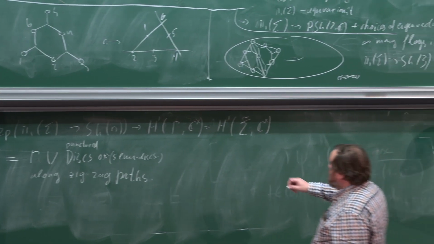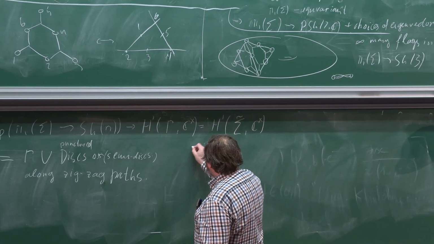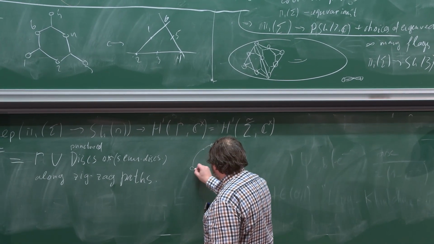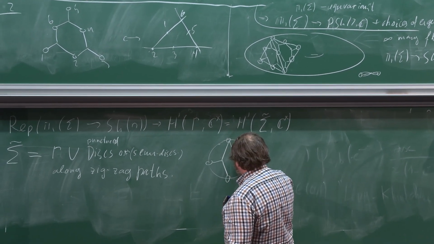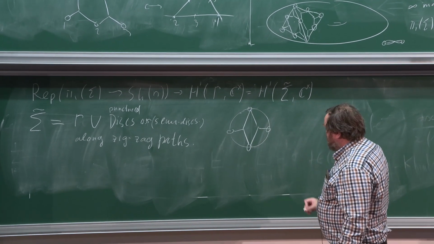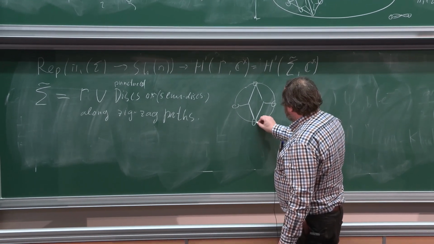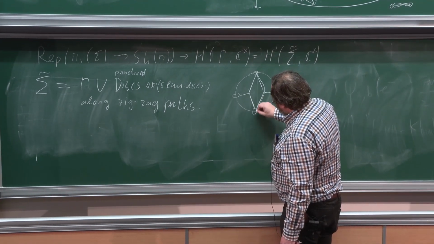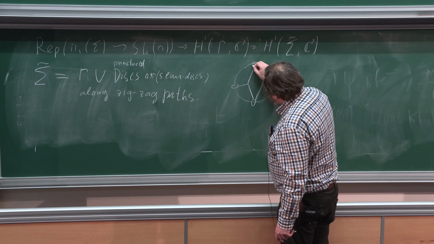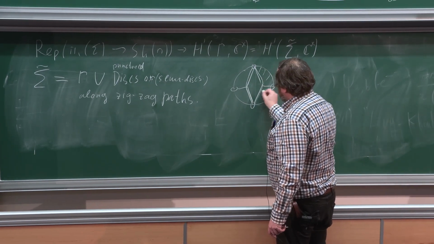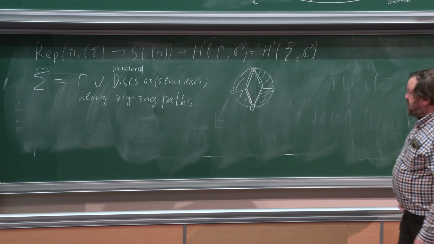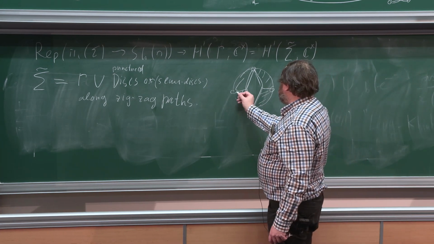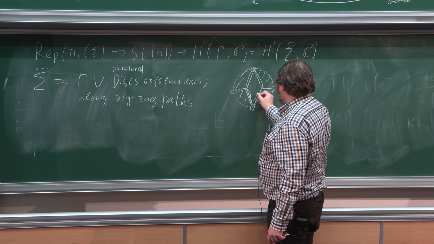So for example, for my first example, imagine that you have a disk with four vertices. So you have zigzags, this zigzag, this zigzag. So you glue two semi-disks to these two zigzags, and then two semi-disks to these two zigzags.